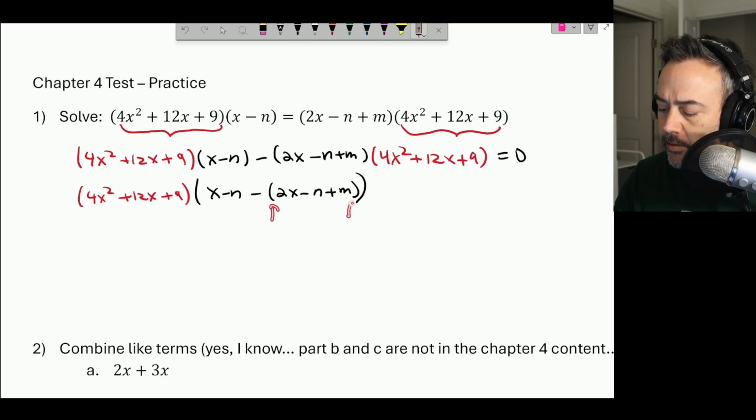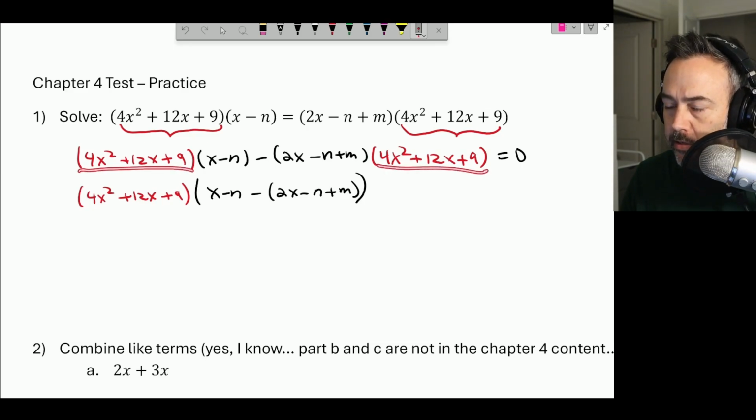Watch your parentheses here. I'm factoring out the red factor. So I'm left with this. This minus will distribute.